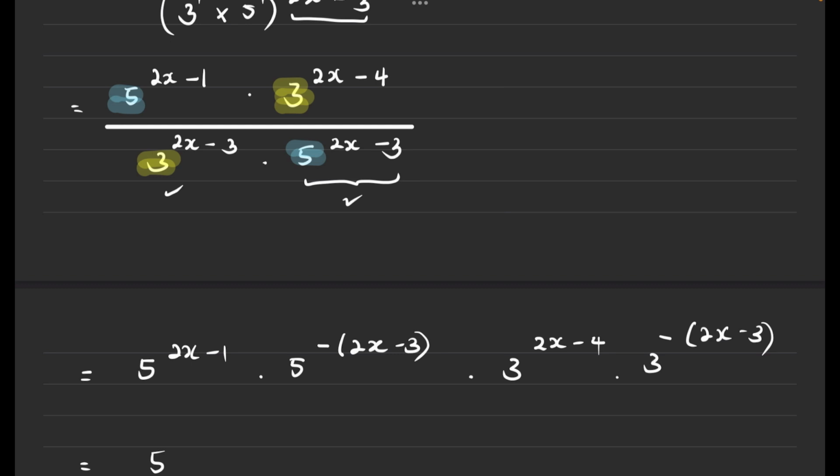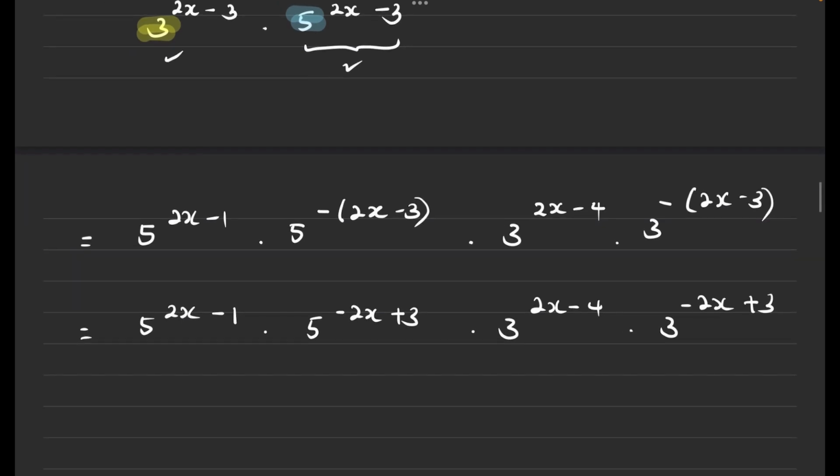So now I am going to apply the product rule. But perhaps before I can do that, let me just write 5 to the 2x minus 1 multiplied by 5 to the minus 2x plus 3 multiplied by 3 to the 2x minus 4 multiplied by 3 to the minus 2x plus 3, right? So now let's do our product rule.